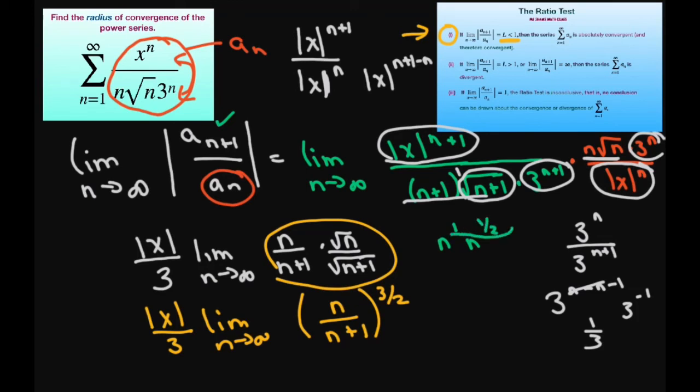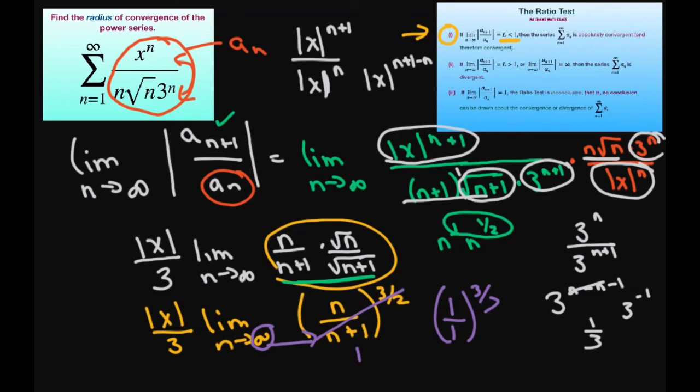So when you add these two powers up, 1 plus 1/2 is 3/2. Same thing happens for the denominator. Now, when you apply the limit, as this number gets larger and larger, this is just going to equal 1 divided by 1 to the 3/2 power. So this whole thing just equals 1.